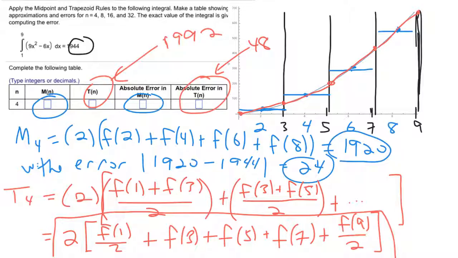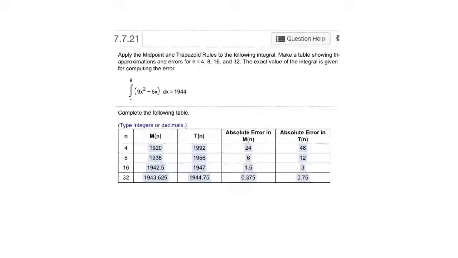As I said, just look up a midpoint rule calculator or a trapezoid rule calculator to do those calculations for you. And if you have done the other problems, you may want to check. These are the answers, if you want to see if you're doing them correctly. For this particular problem, these are the answers to the other parts.